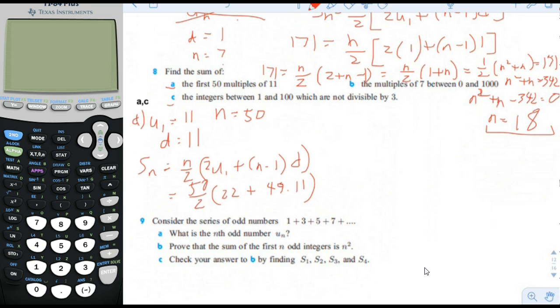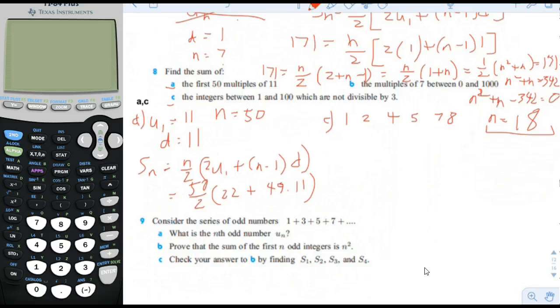For C, it says to find the sum of integers between 1 and 100 which are not divisible by 3. So that would be, let's see, 1, 2, you'd skip 3, and then 4, 5, skip 6, 7, 8, okay? They're being kind of tricky here.